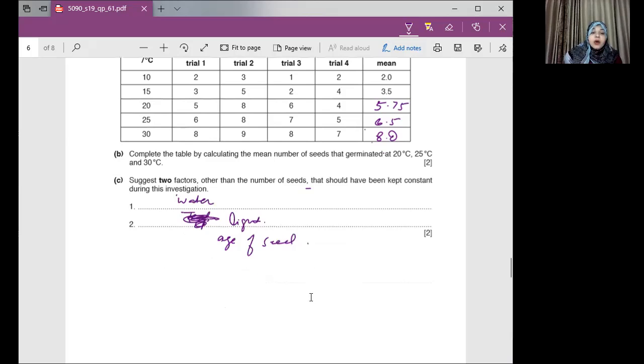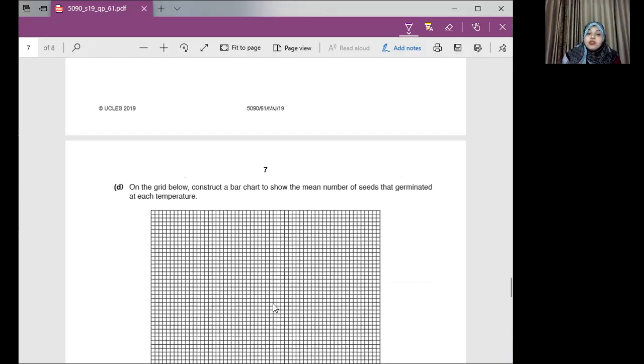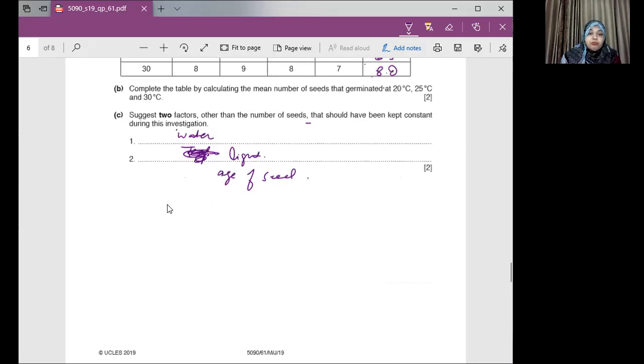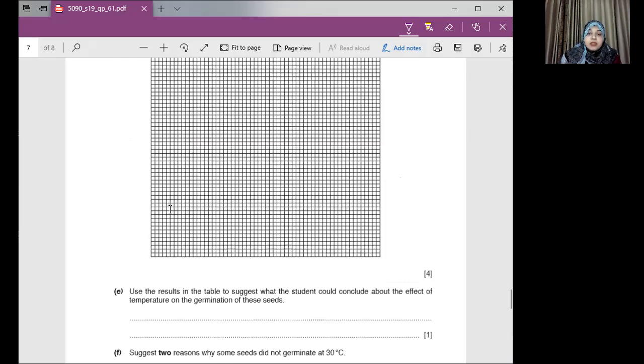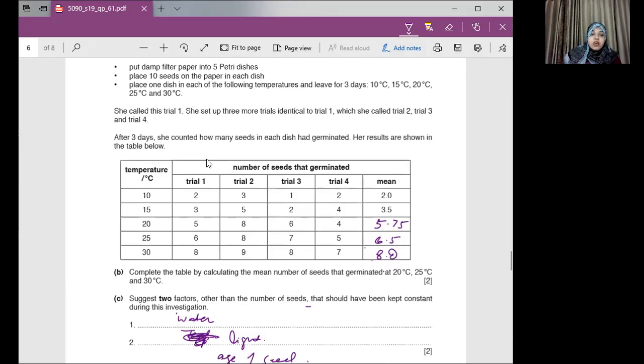Now on the grid below, construct a bar chart to show the mean number of seeds that germinated at each temperature. For 4 marks, you have to plot a graph between temperature and mean.